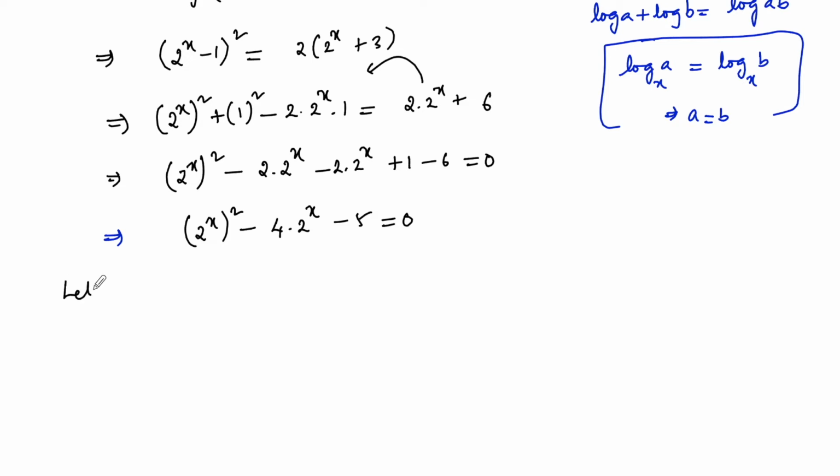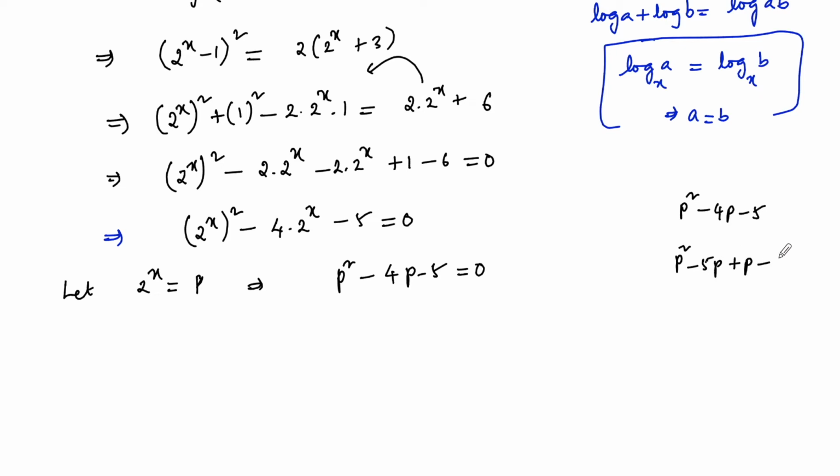So let us consider for some time 2 power x is equal to some p. Which implies p square minus 4p minus 5 is equal to 0. So let us factorize this. P square minus 4p minus 5, we can also write p square minus 5p plus p minus 5.